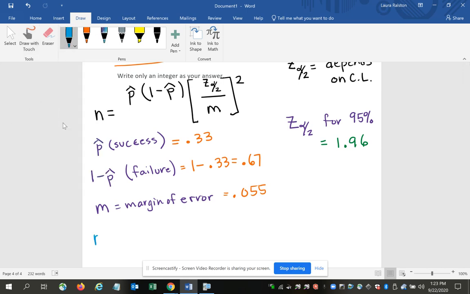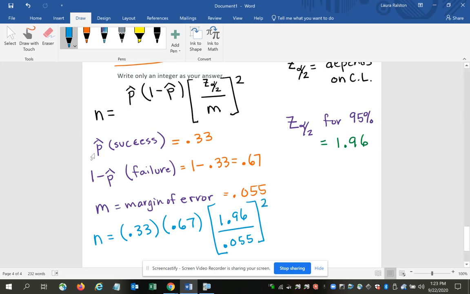So my sample size would be 0.33 times 0.67 times 1.96 divided by 0.055, and that quantity is squared. Now I'm ready to plug it in the calculator.